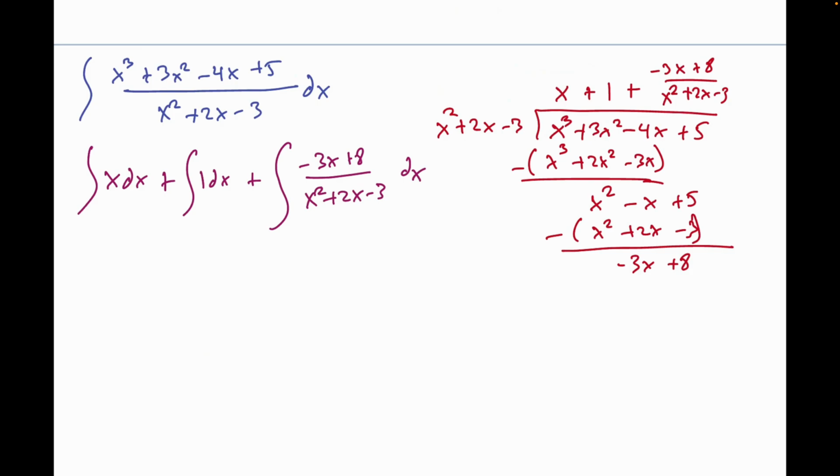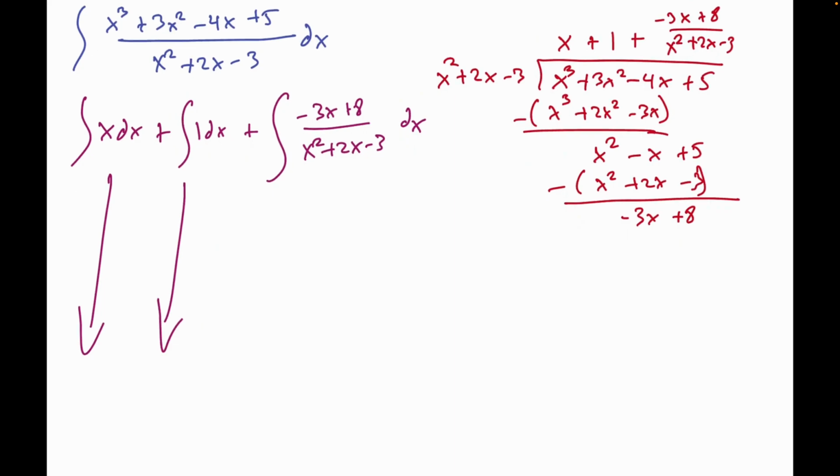Done. The third integral, though, is an example of a rational function, and so we're going to have to use integration by partial fractions in order to clean this out. So I'm not going to touch those first integrals until we're ready to evaluate the last integral.